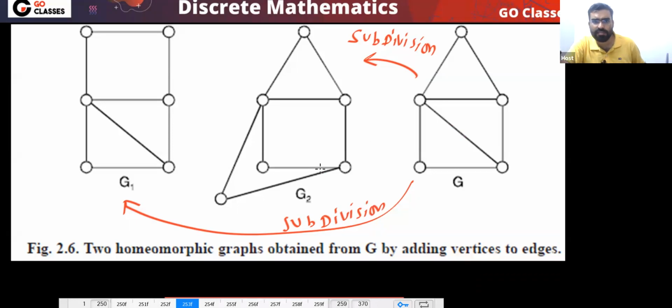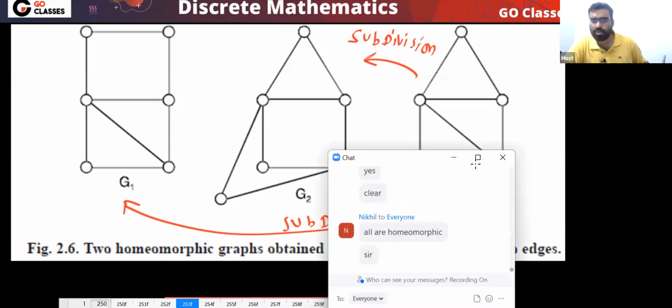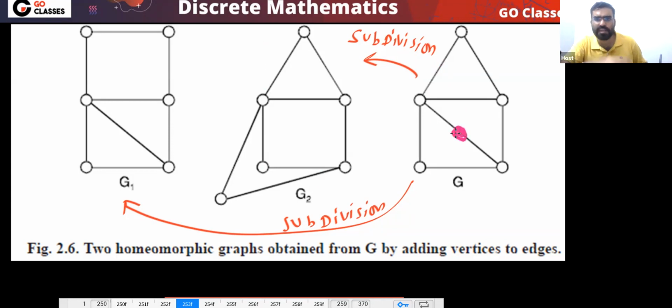And how to get G1? This is your G1. If I do this, I will get G2. If I do this, I will get G1. Now tell me, G1 and G2, are they homeomorphic?